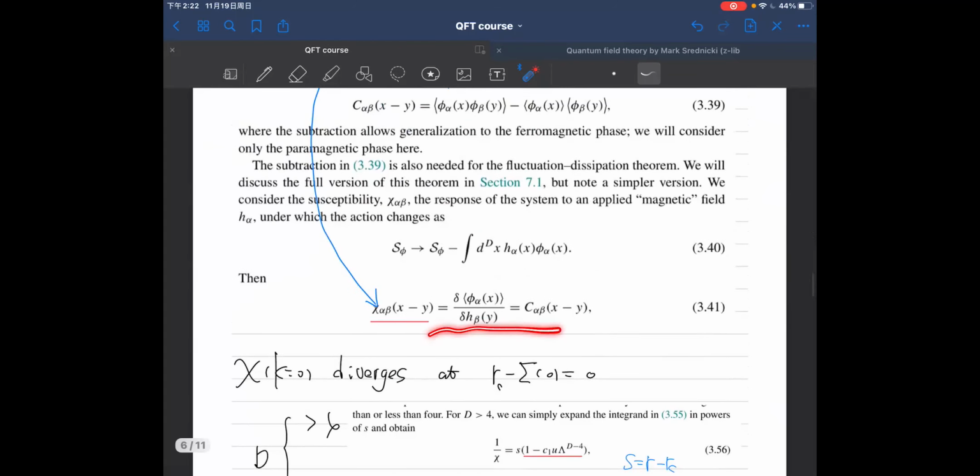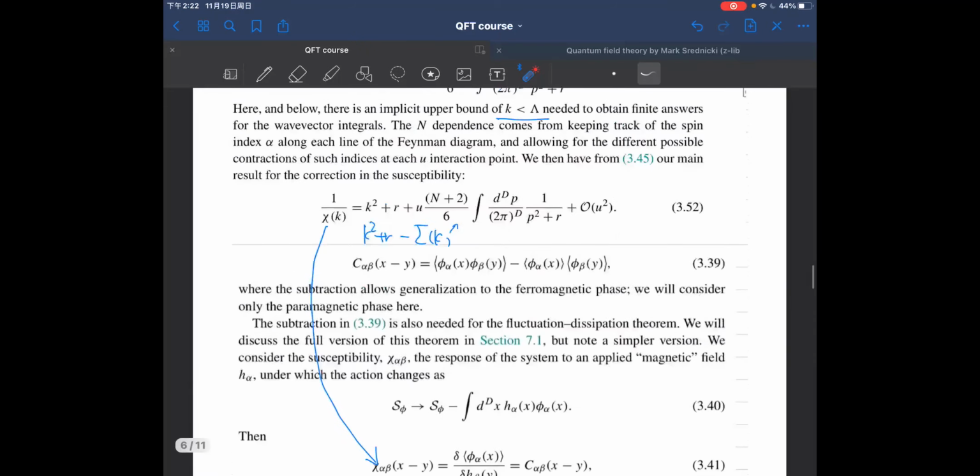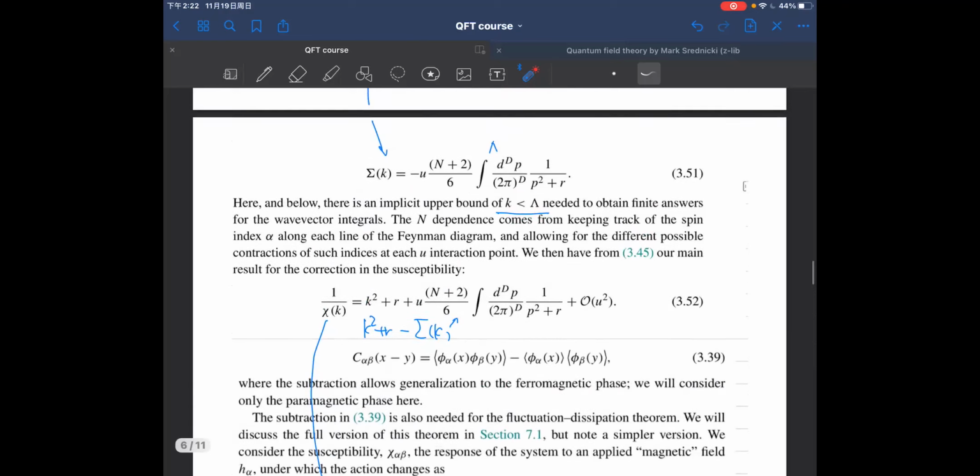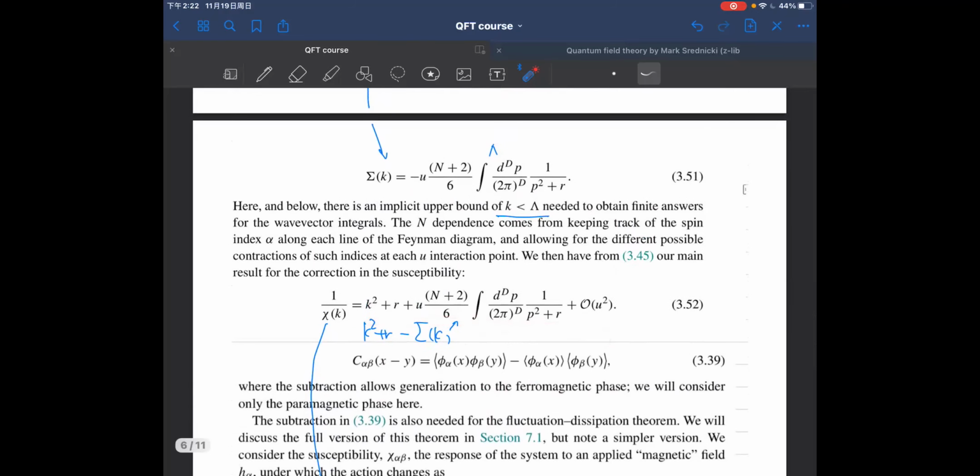It is a response function: this is the external field, and this is the response. So actually, it is just the two-point function. It's quite easy to calculate by the Feynman diagram.